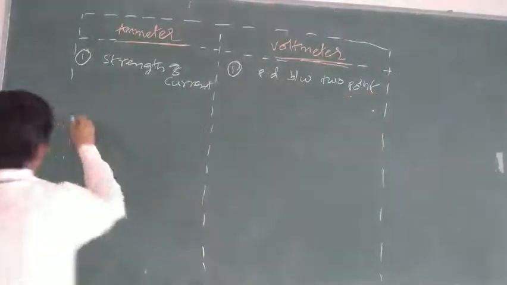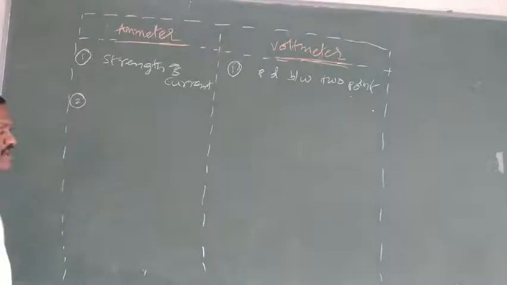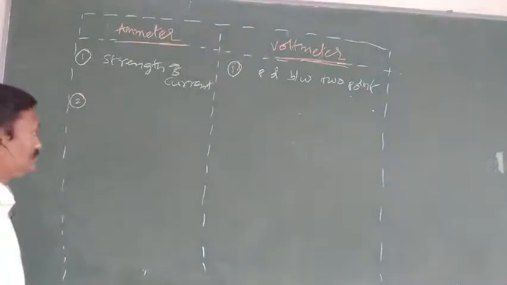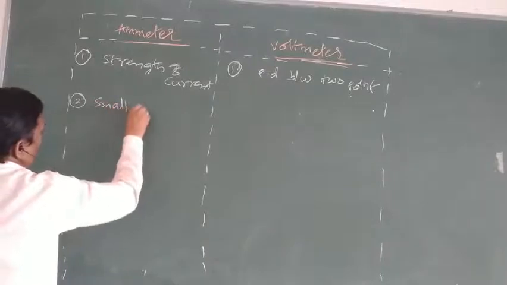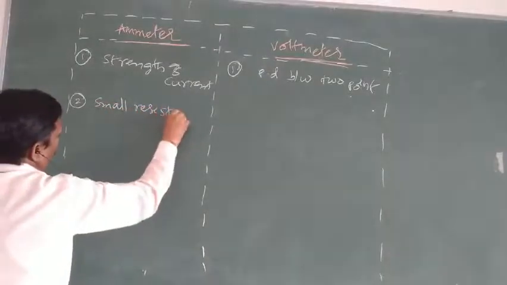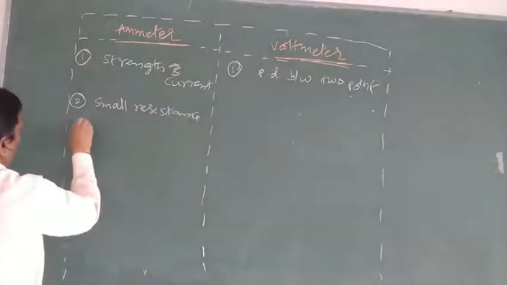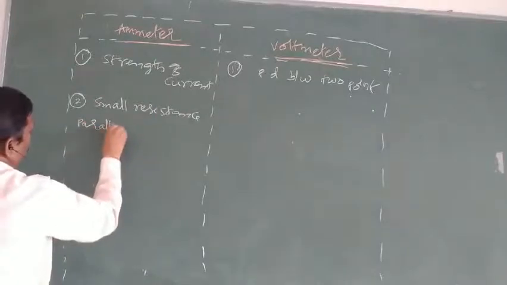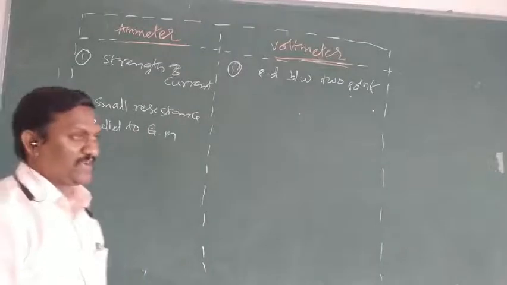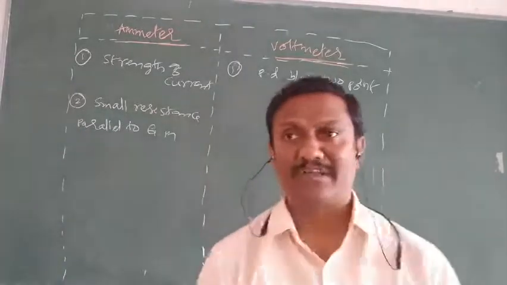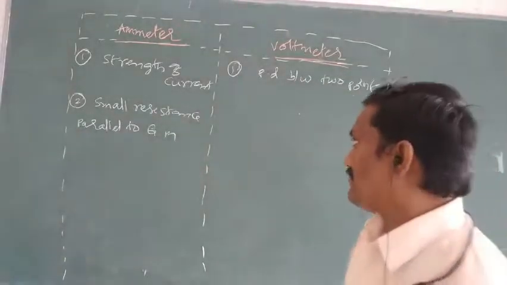Next, the second point is how to convert a galvanometer into an ammeter. By connecting a small resistance parallel to the galvanometer, the galvanometer is converted into an ammeter.